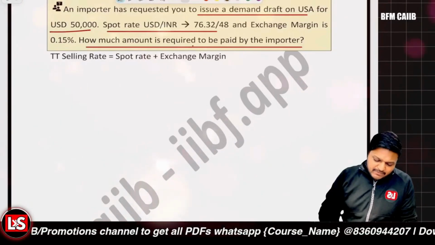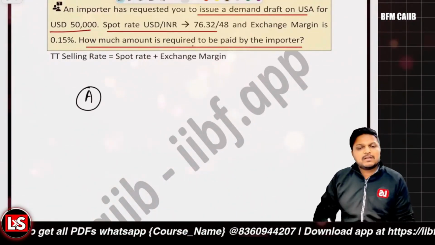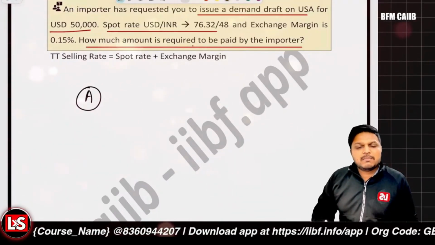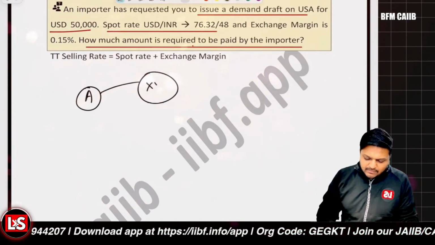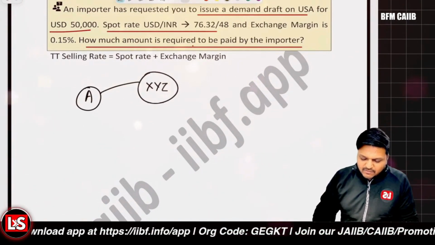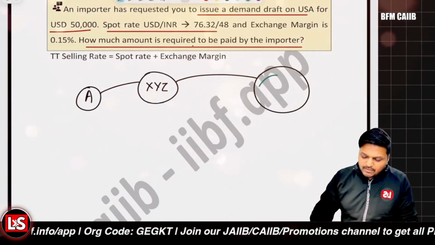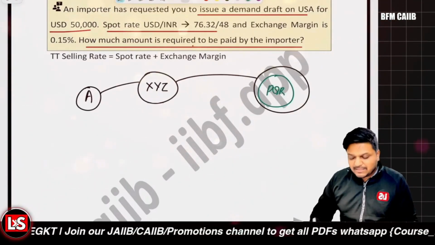So let's say we have an importer, person A, who wants to remit 50,000 USD by way of issuing a demand draft. He came to the bank XYZ, right? And XYZ bank is maintaining a correspondent account with the bank PQR in the other country, in USA, let's say.